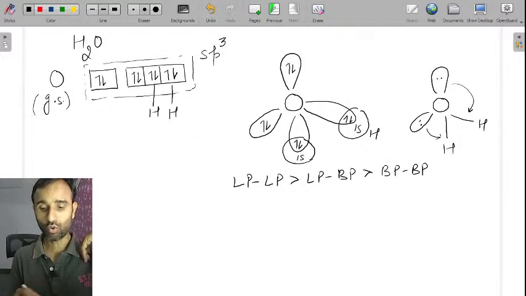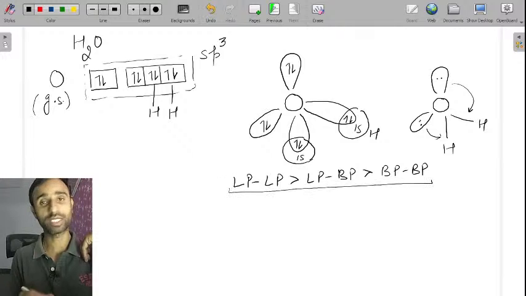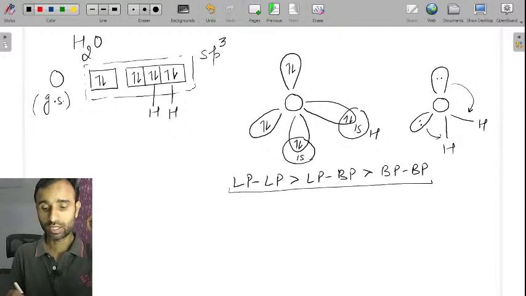Done. So according to this concept, bond angle decreases. So bond angle is less than tetrahedral. It is roundabout 104.5 degree.